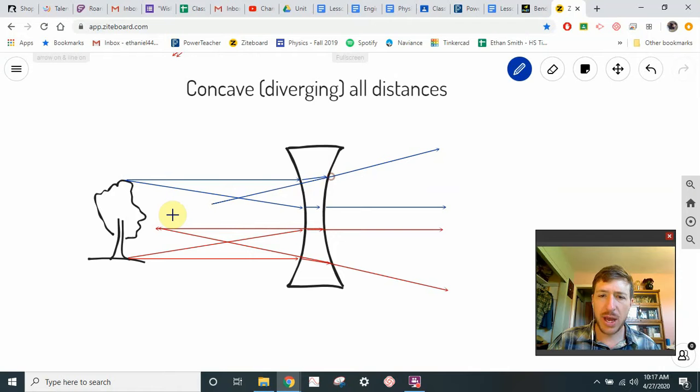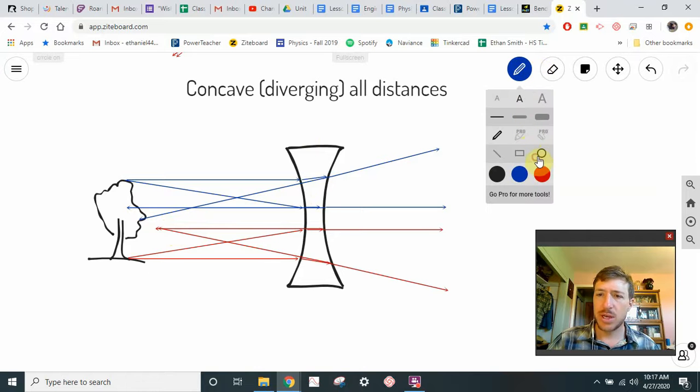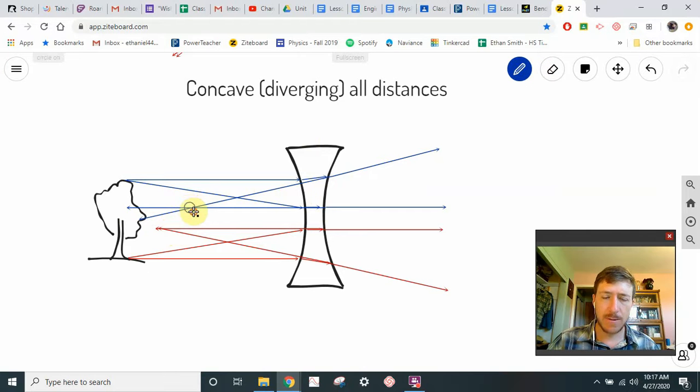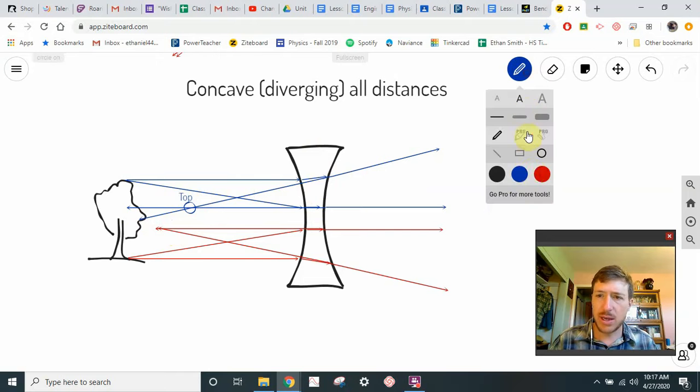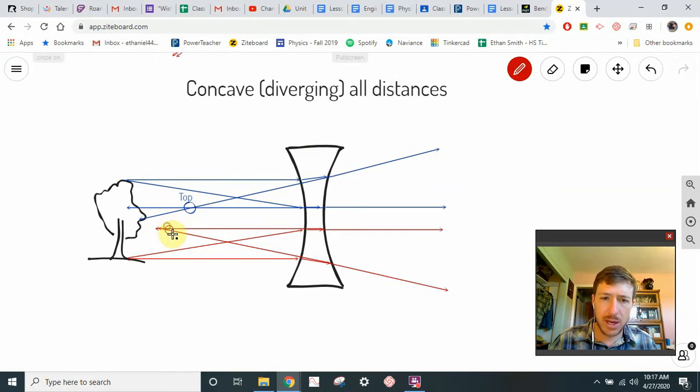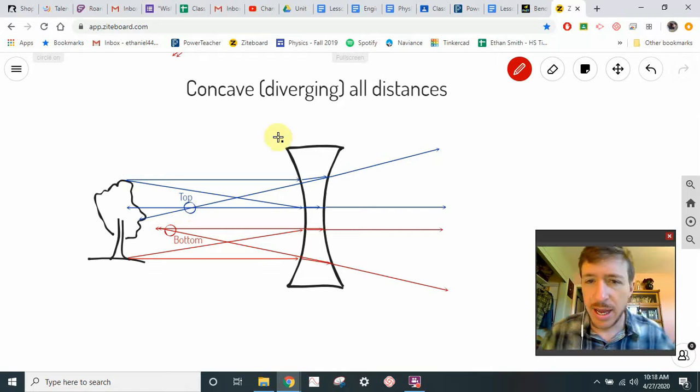And the top, we'd follow this back to there, follow this back to here. And there we go. We'd see the top as being right about here, right? So this is our top. We'd see the bottom as being right about here. So this is our bottom, right? So we notice the bottom is still on bottom, the top is still on top, but we see it significantly smaller. Okay, so we see it smaller, and it's right side up.